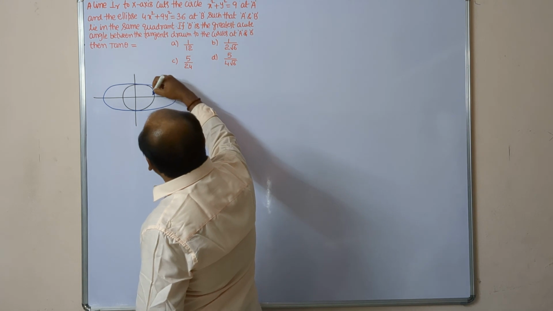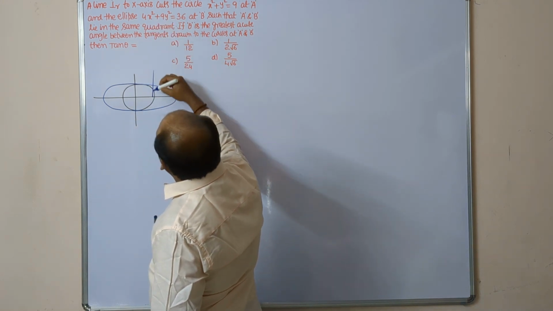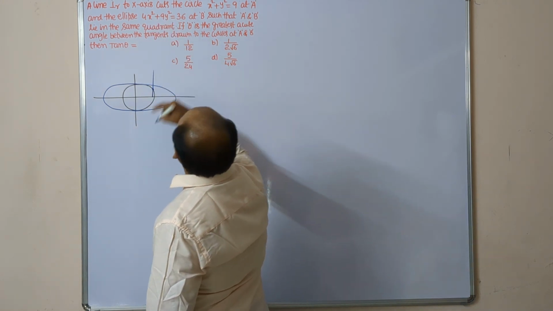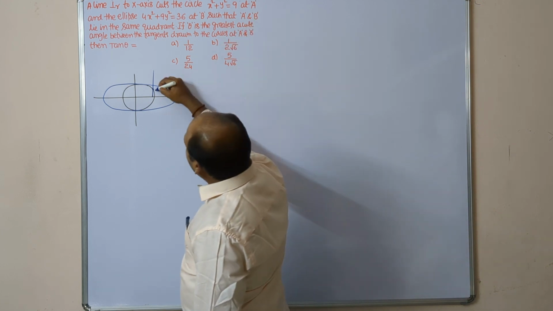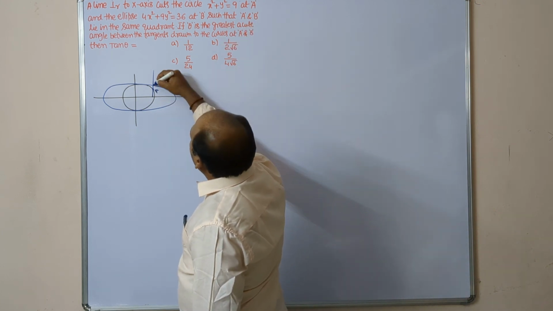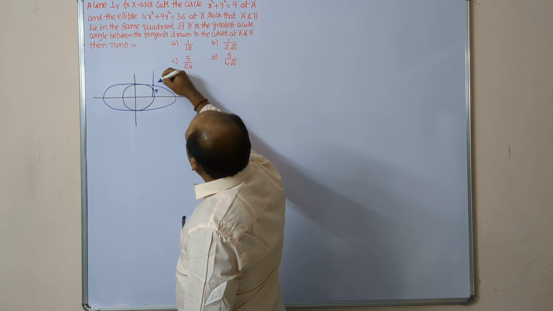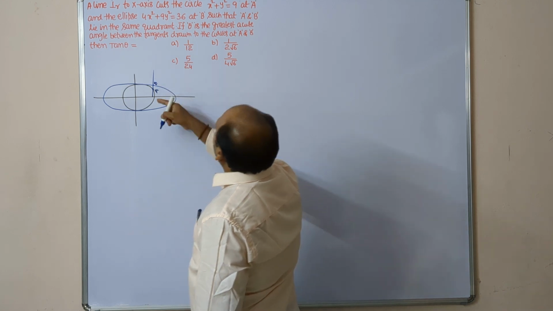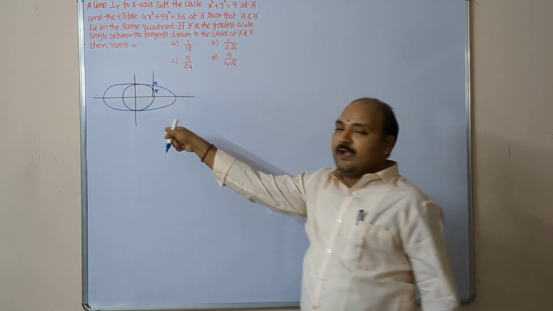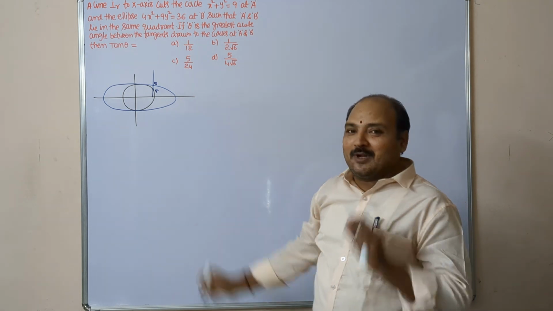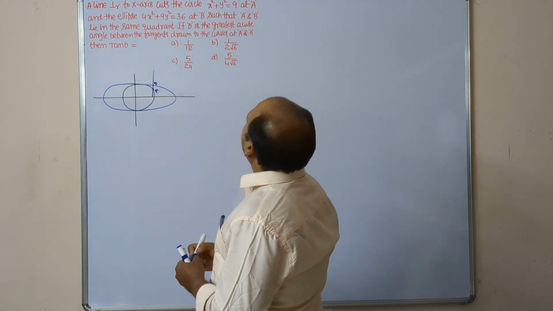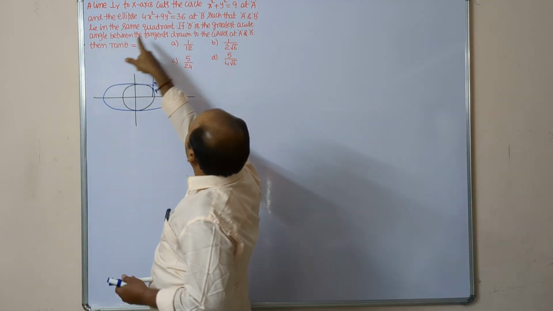Suppose the line I am taking is perpendicular to x-axis and it meets the circle at point A and it meets the ellipse at point B. Observe carefully, the two points are in the same quadrant, and such that theta is greatest.